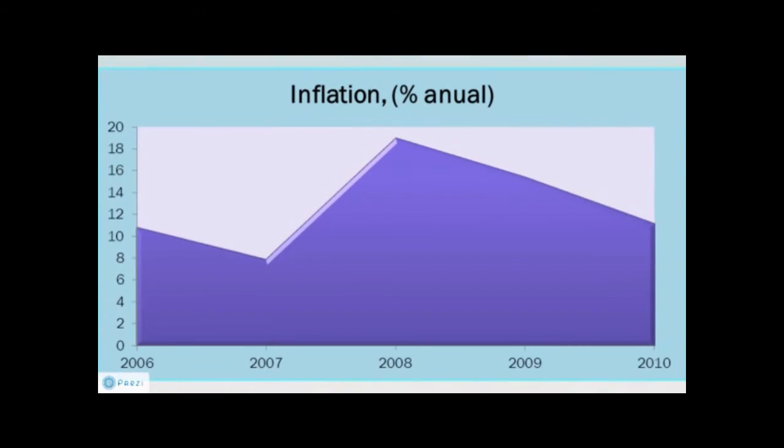About the inflation rate, in 2007 it was 7.91%, but in 2008, because of the war crisis, it increased to 18.98%, but in 2009 and in 2010, it decreased. Lately, all the prices have increased due to the lack of basic products like oil.